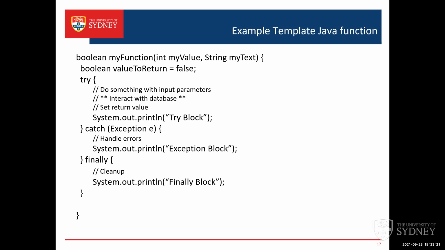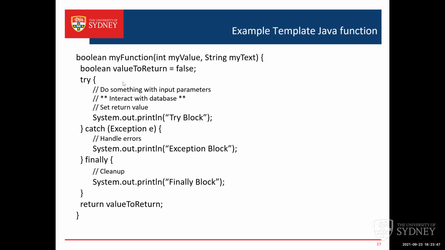Otherwise, that connection will always be there, and that will create trouble. So in the finally block, we will do all of these cleanups. Any database connection that we want to release, we can release in the finally block. We'll talk about each of these blocks, and if you have anything to return from this method, you can definitely return.